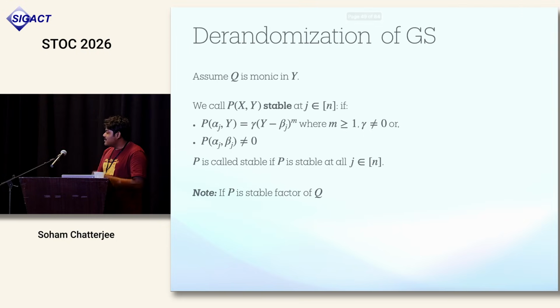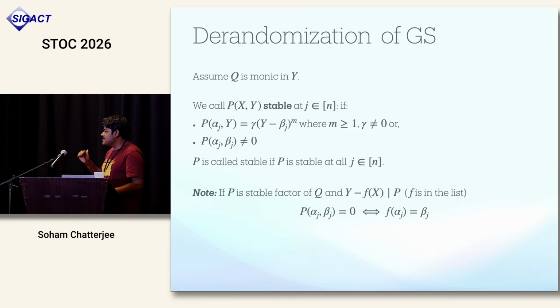And we found a connection between the stable factors of the Q which we interpolated in the first step and y minus f(x). If P is a factor of Q and y minus f(x) is a factor of P, then whenever f agrees at some point, P(alpha_j, beta_j) will be 0, and it is an if and only if condition.